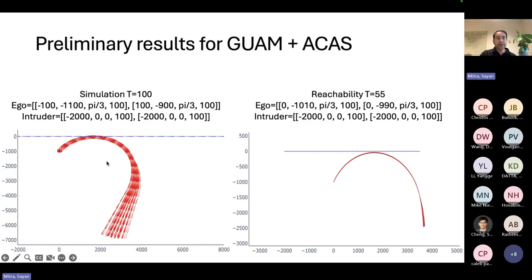The picture on the left-hand side is a plot of a simulation, or actually a set of simulations from different initial conditions. So the thin blue line is the trajectory of the intruder airplane. And the set of red lines here is showing the different trajectories of the Ego airplane from different initial conditions and following the advisory that came from ACAS-XU.